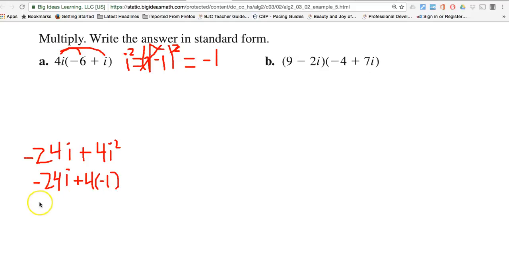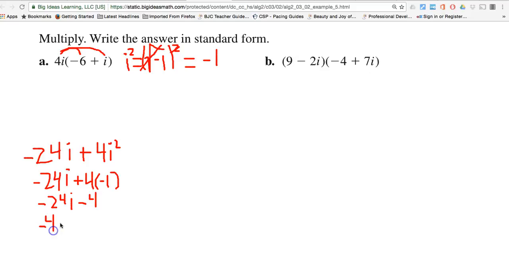i squared is just -1. So here, when we replace this, we get -24i minus 4, because 4 times -1 is just -4. Now, when we rewrite this, we always write our real part first.